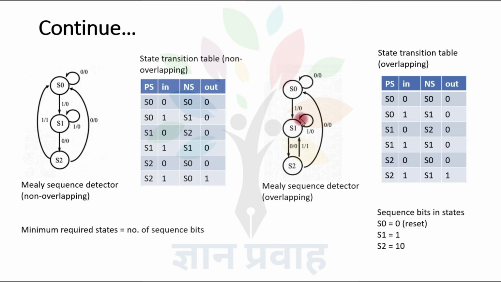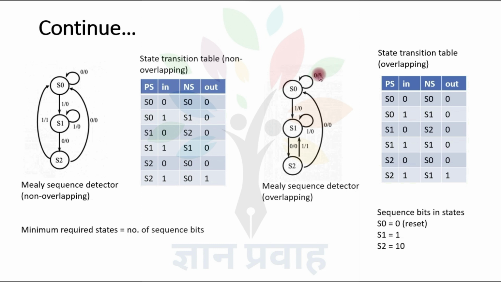And this state diagram depicts Mealy sequence detection for the overlapping case. There are also 3 states, S0, S1, S2, representing: S0 the reset state or initial state, S1 for 1, S2 for 1 0. So at the reset state, when input bit 0 is coming, then the output will be 0 and we remain at the reset state.